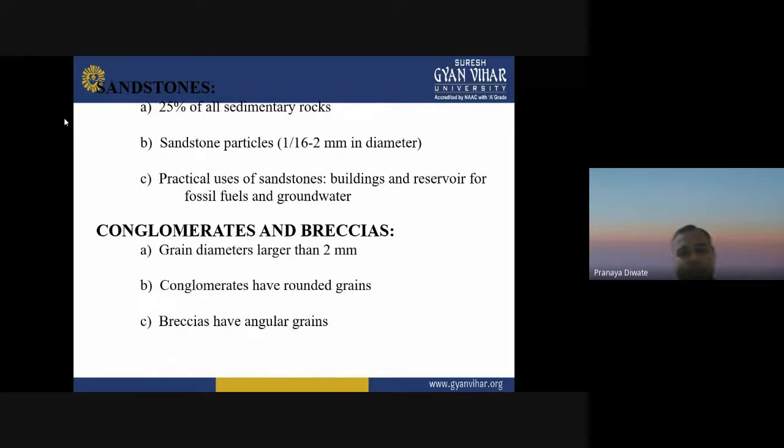We already discussed that 75% of the earth's surface is made up of sedimentary rock, because on the ocean floor, almost 71% is covered by the oceanic surface.